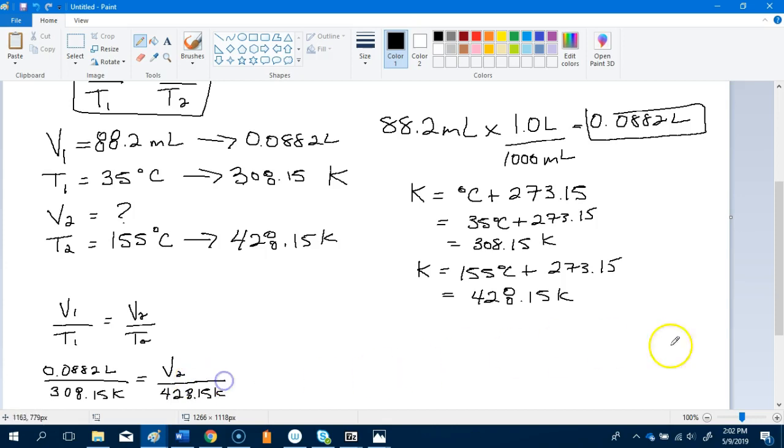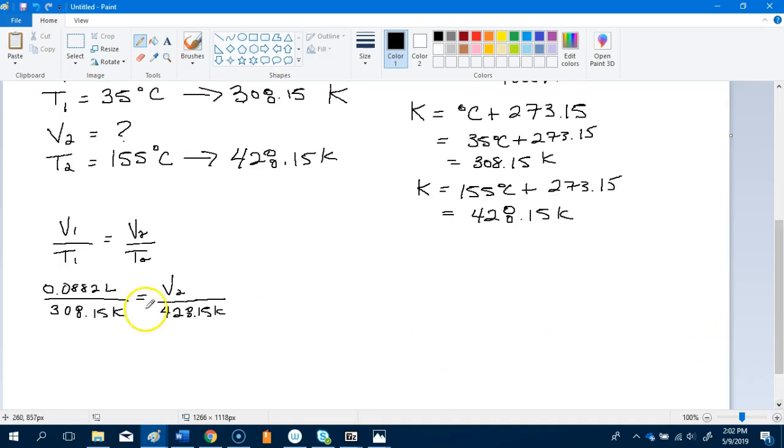Now, using algebra, I'm going to solve for the final volume. So I'm going to isolate the final volume. And for that, it means I have to take this temperature and bring it over to the other side. To do that, I have to do the opposite operation of what's happening here. So I say to myself, what is the operation here? It's division. What's the opposite operation to division?